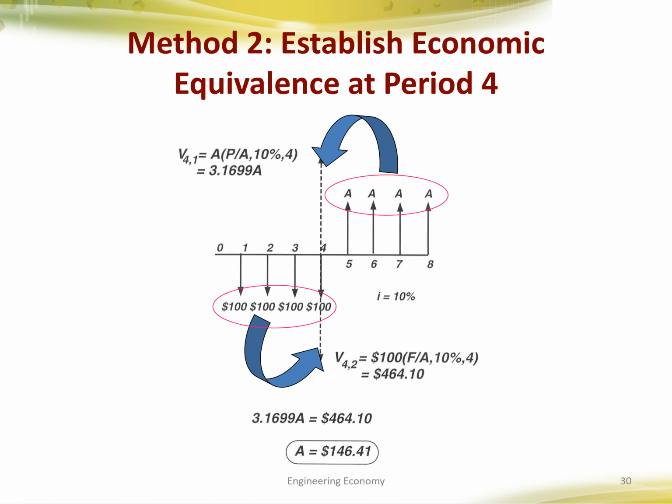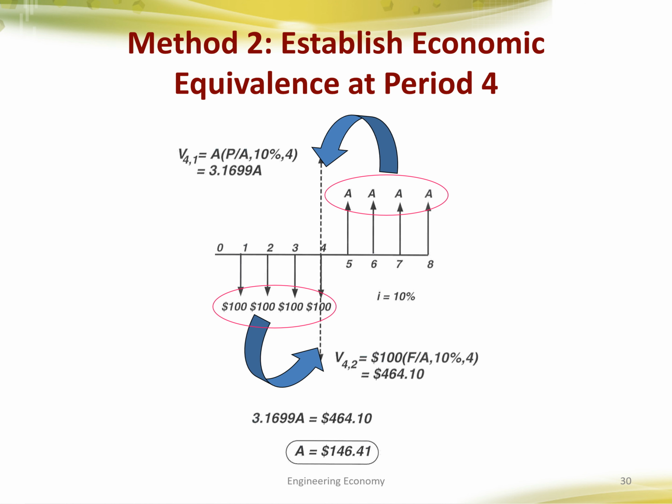So these 4 A's need to multiply given A, find P, 10% and 4 period. We can again look up and get the index and multiply by A.